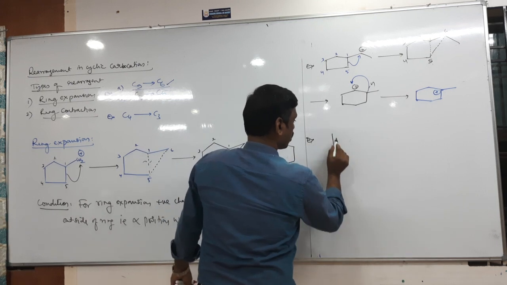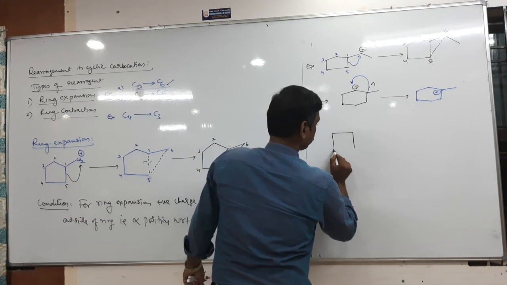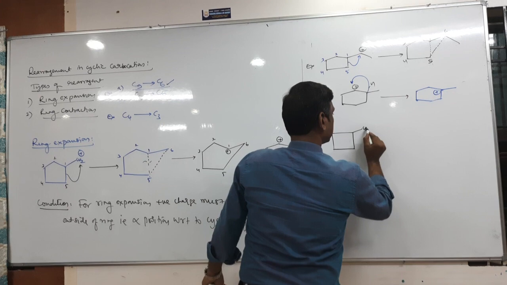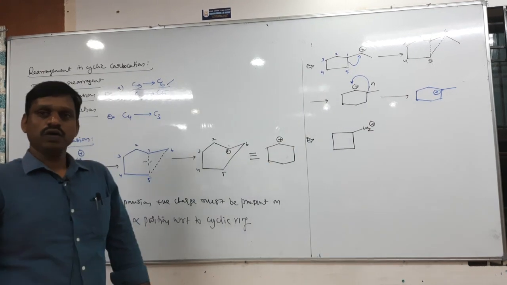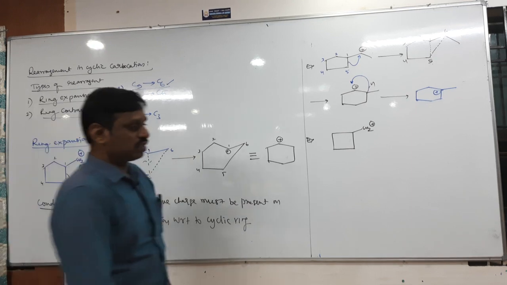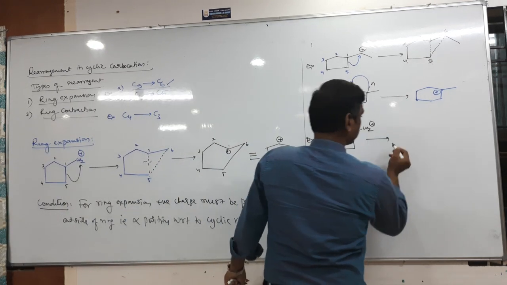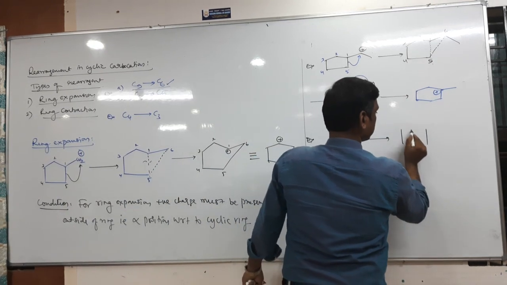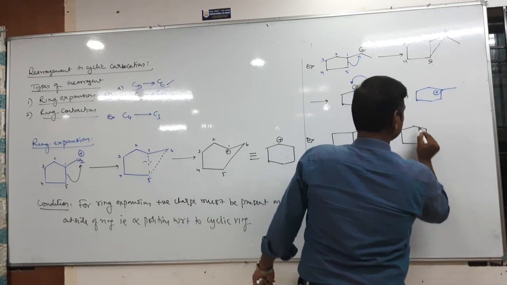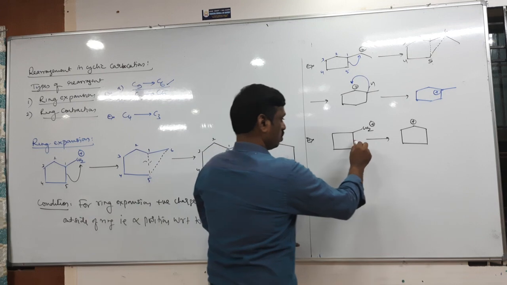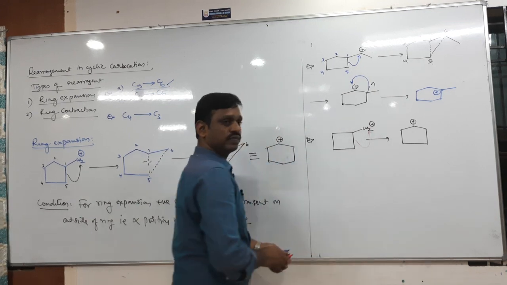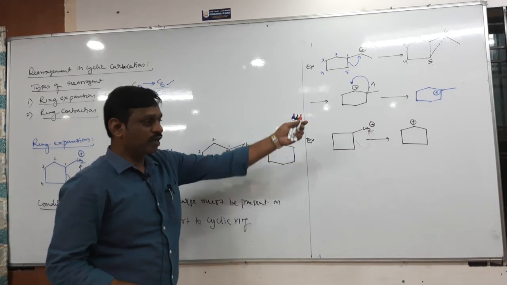Okay, next one more example. Let us take cyclobutane, which has CH2. Tell me, what is the rearrangement product? Yes or no? Shift the bond. A 4-membered ring becomes 5-membered.